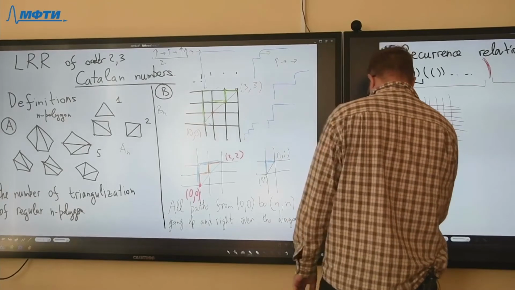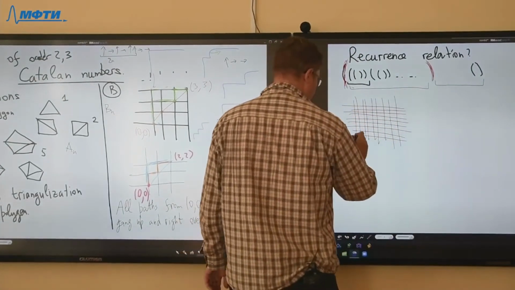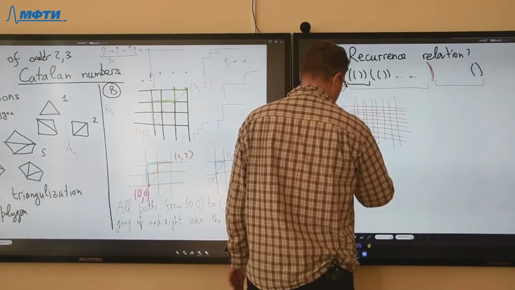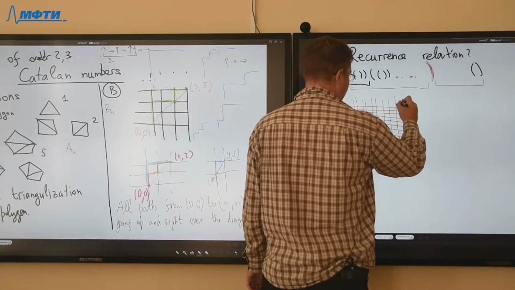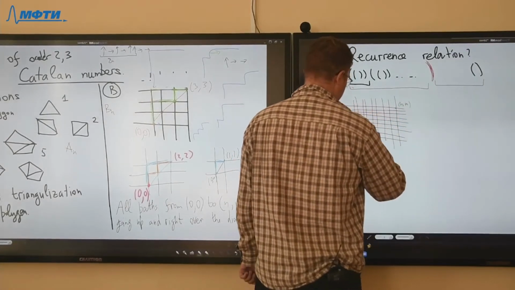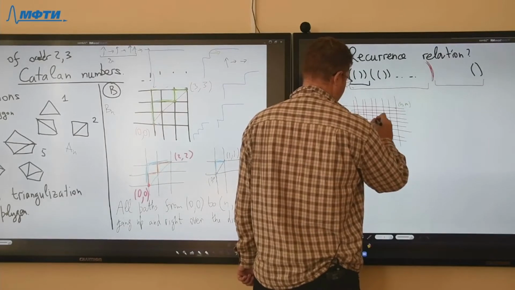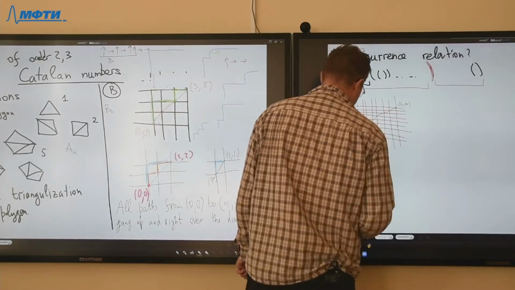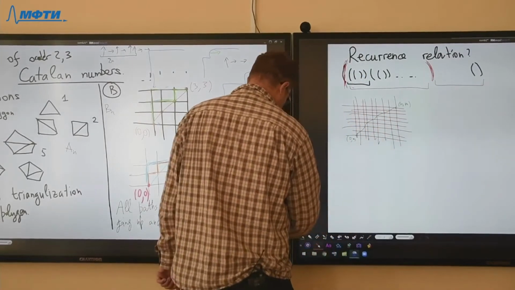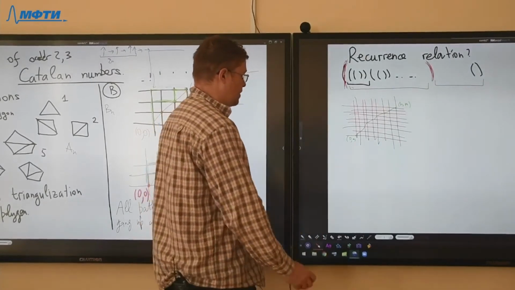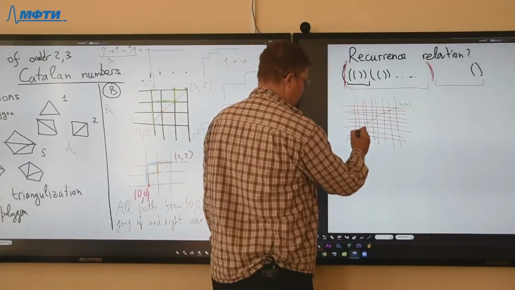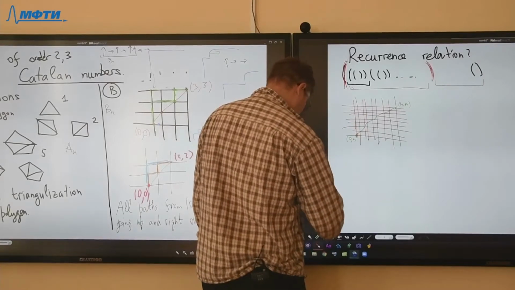So if I take any path from 0, 0 to n, n, then I can look at the first time this path will be intersecting the diagonal. So it starts from here. Maybe I will change the color.